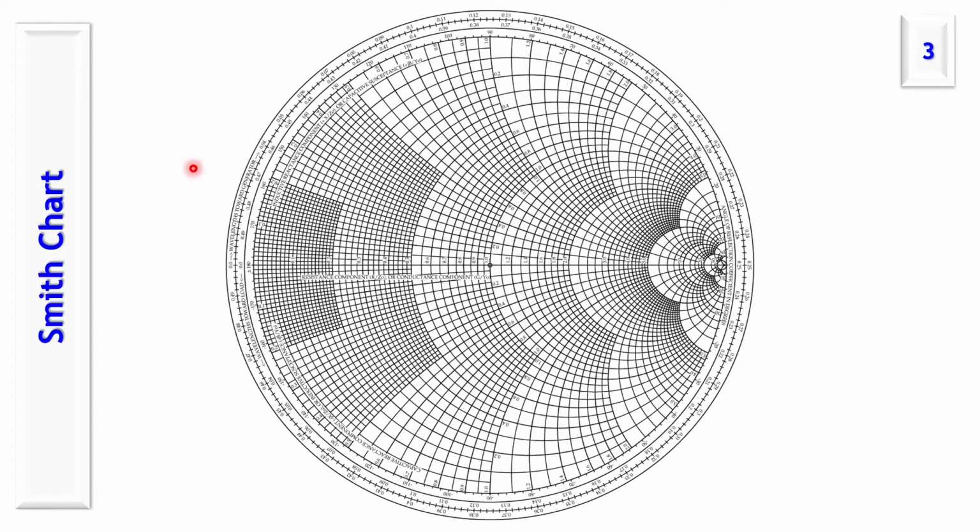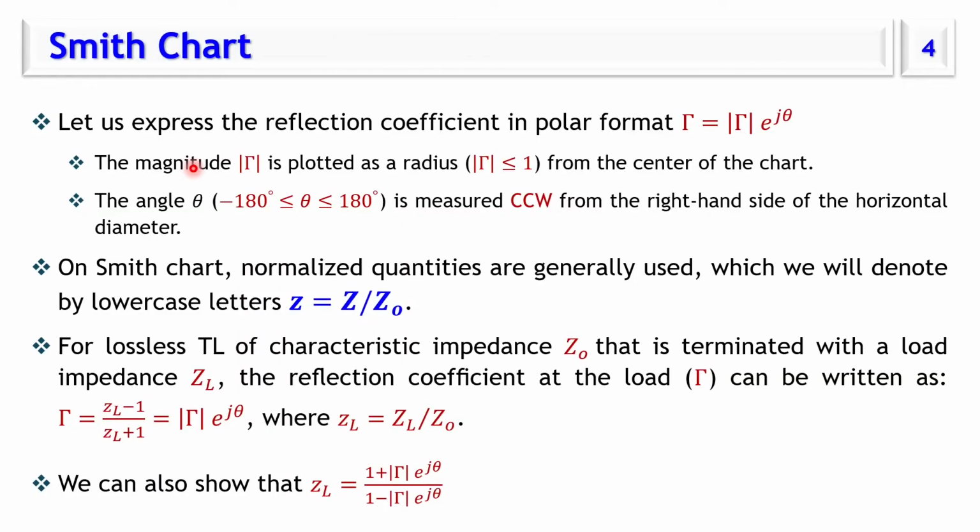As I said, the Smith chart is a polar representation of the voltage reflection coefficient. If we write the voltage reflection coefficient in polar format, it has a magnitude and phase. This is the reflection coefficient at the load, and we have developed an analytical expression for the reflection coefficient.